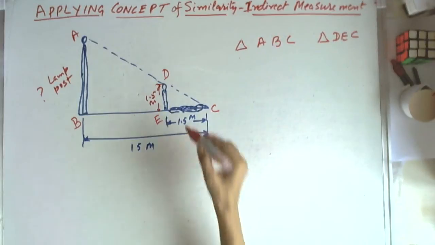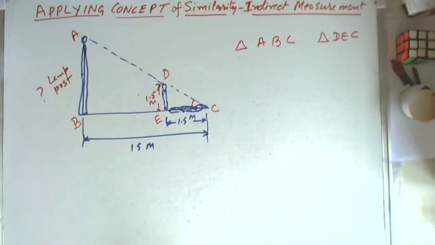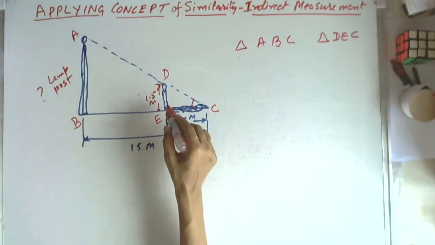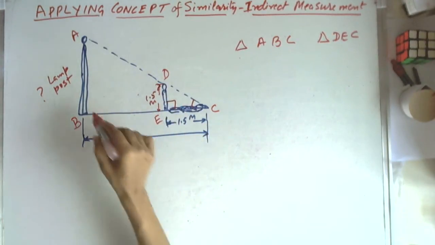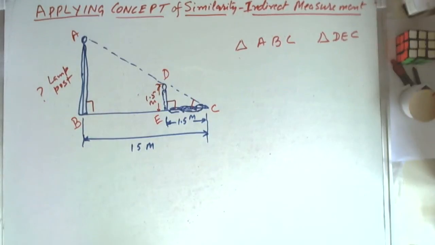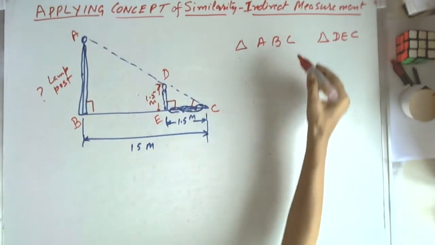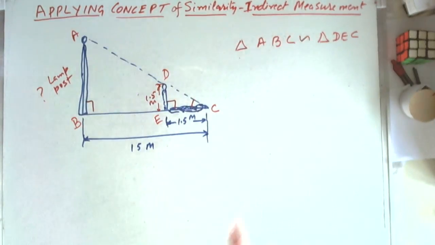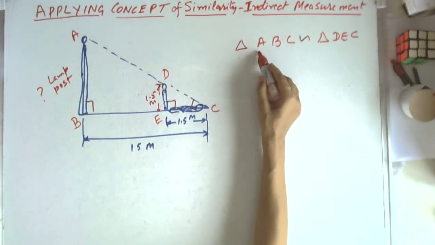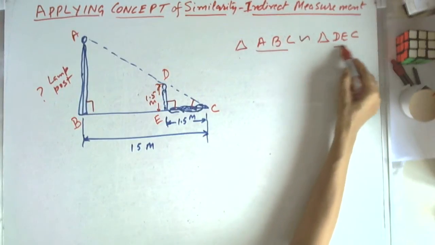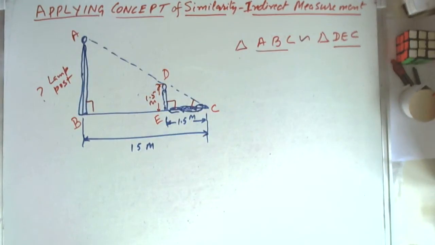Now both these triangles have this angle C common. One angle is common and the other angle here is also 90 degree and this angle is also 90 degree. Therefore, by double A rule, these two triangles are similar. Triangle ABC and triangle DEC are similar.